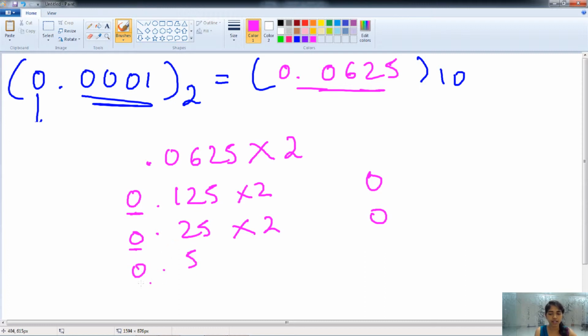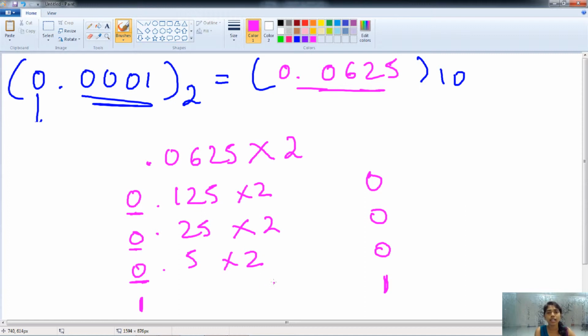So we would get 0.5, again 0. So again transfer the 0 here. Now 0.5 into 2, so finally we got our 1. So transfer this 1 here, and this is the end of this multiplication as we got our perfect one.